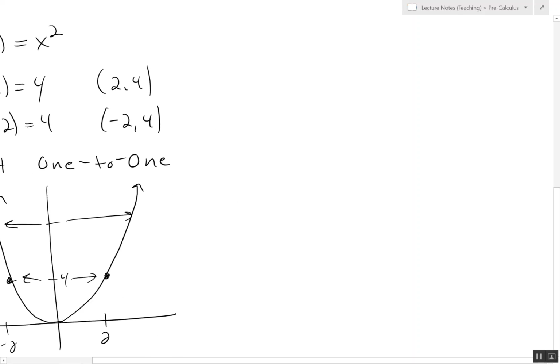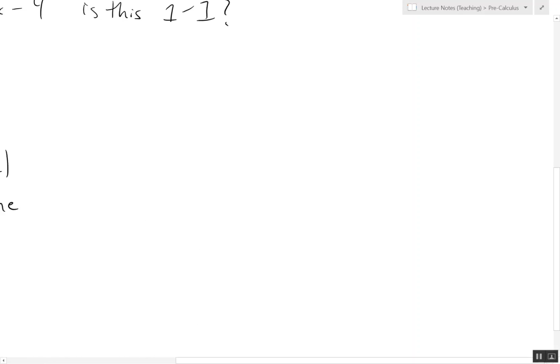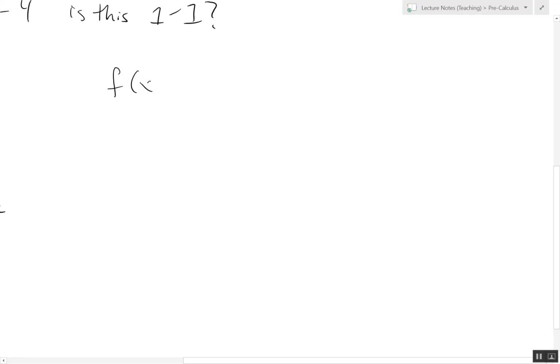And notice that we have a lot of other points that have the same y coordinates here. Whereas if we look at a function like f(x) = x cubed, it doesn't matter what values I pick. For example, f(1) equals 1, but f(-1) equals -1, and so on down the line.